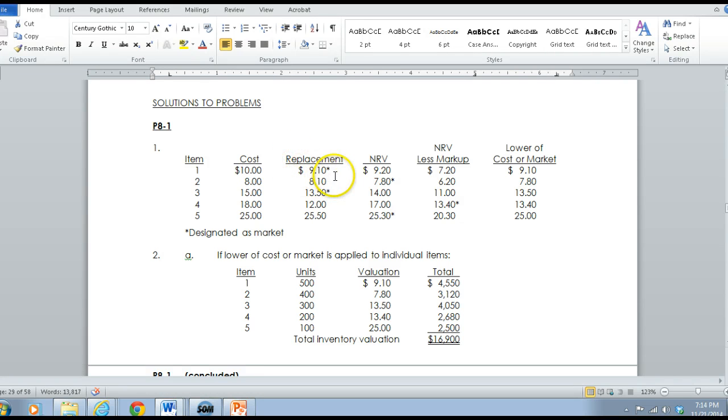We've got the replacement cost is at 910. The net realizable value is at 920. The net realizable value less the markup is at 720. So we've got the lower of cost or market here to be 910. Why? Because it's in the middle of the ceiling and the floor.